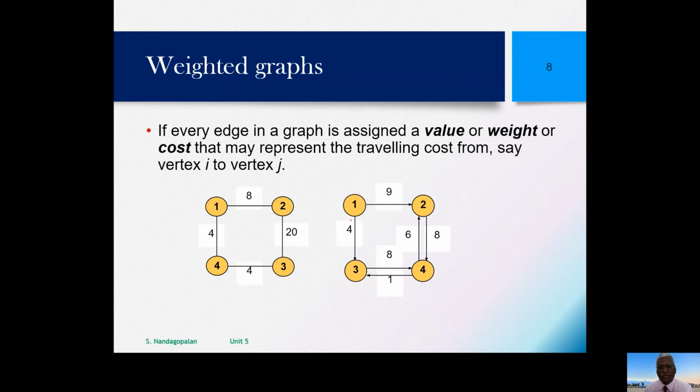On the other hand, if we have the directed graph, then we have same thing, but the cost of traveling from, for instance, 4 to 2 may differ from 2 to 4.